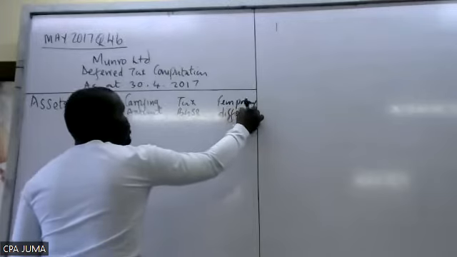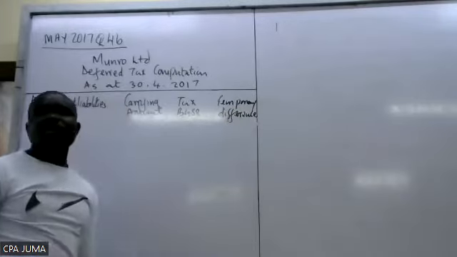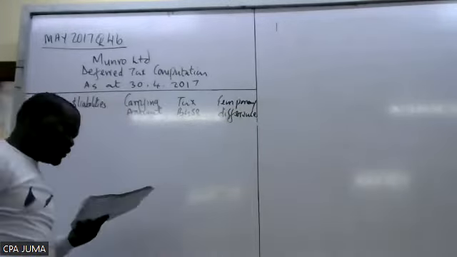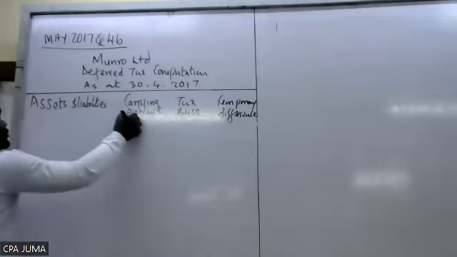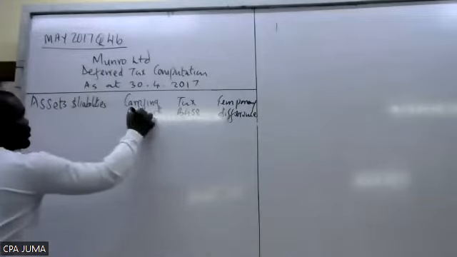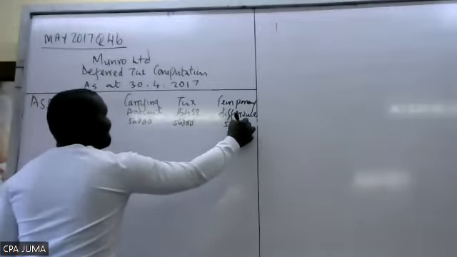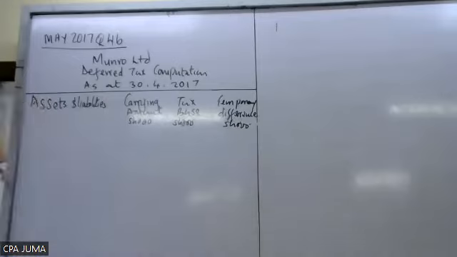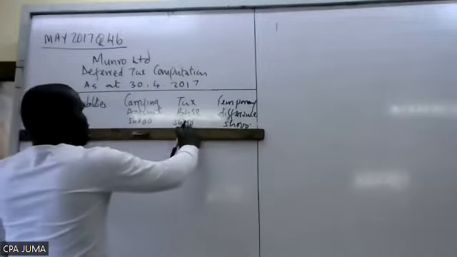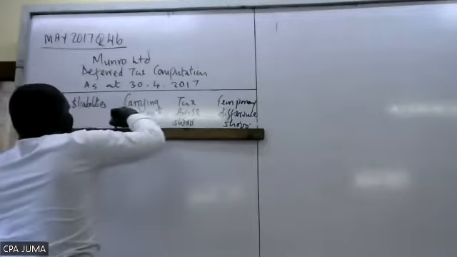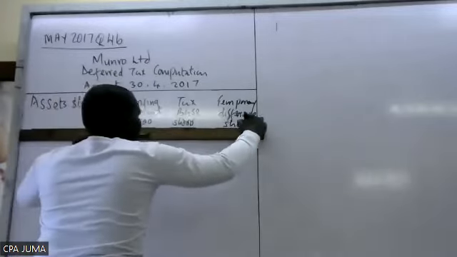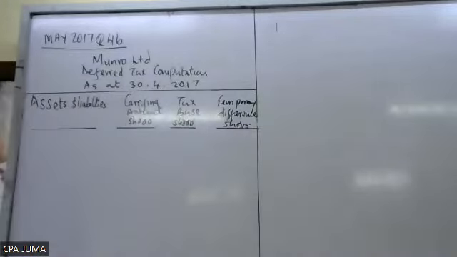Then once we have the total temporary, we multiply with the tax rate and we have deferred tax. So shillings are in thousands.